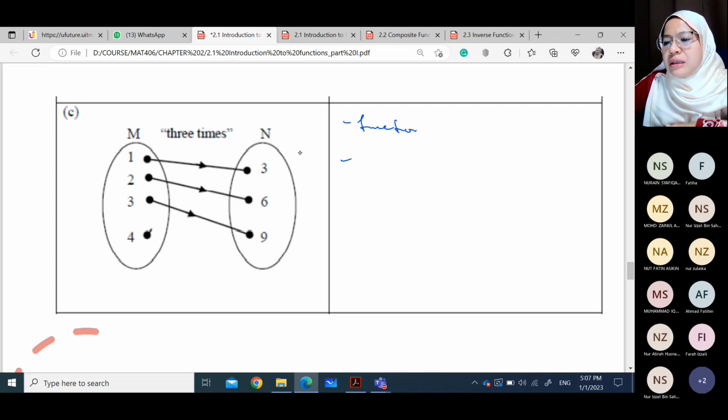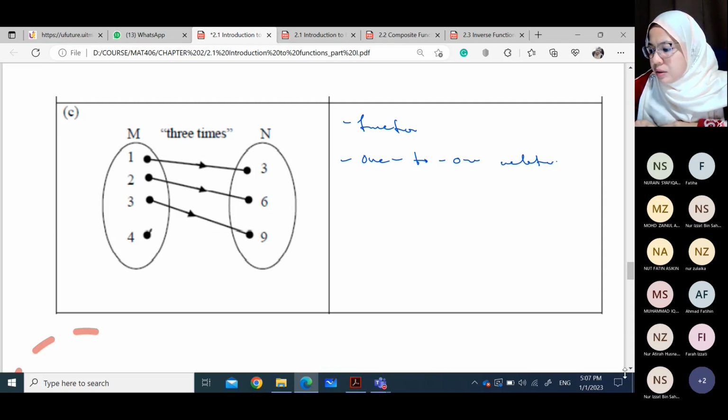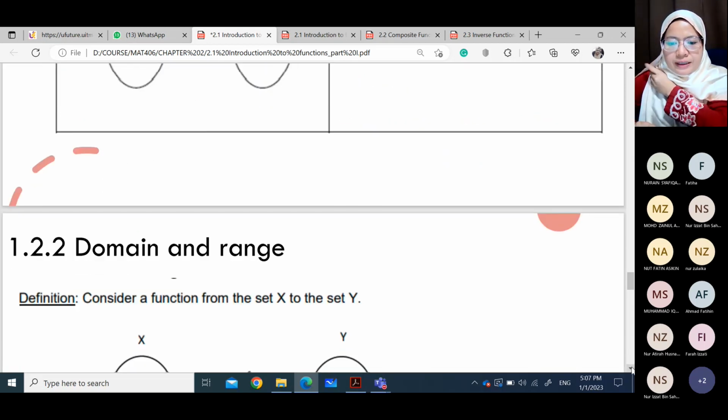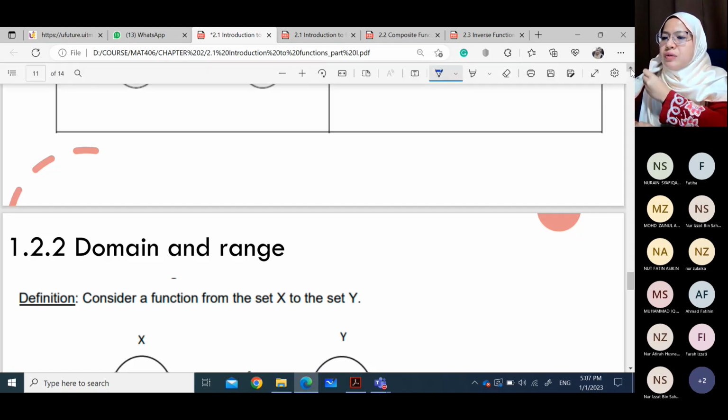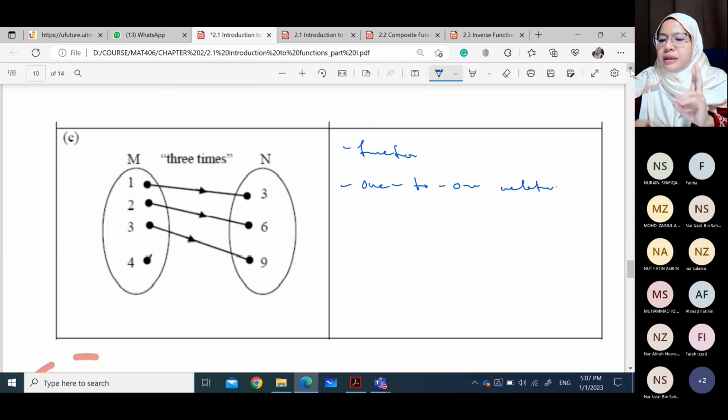The reason is it is a 1-to-1 relation. So for function, there are only two to remember that relate to relation: the first is the 1-to-1 relation and the other is the many-to-1 relation. Those two are functions. Other than that, it's not a function.